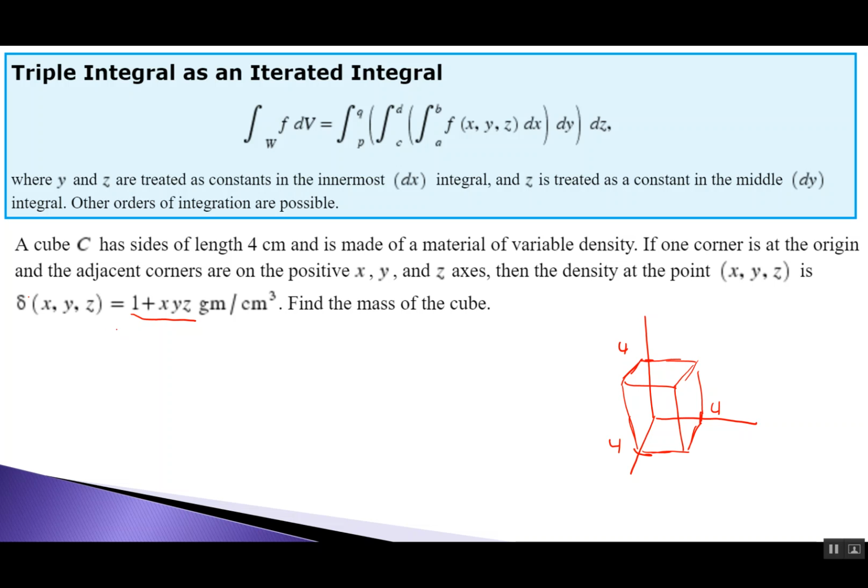Well, you know that mass is density times volume. So we need to take this density and multiply by a volume. And so that's what we're going to do. We've got these little tiny cubes inside here, and each cube has a volume of delta x, delta y, delta z.